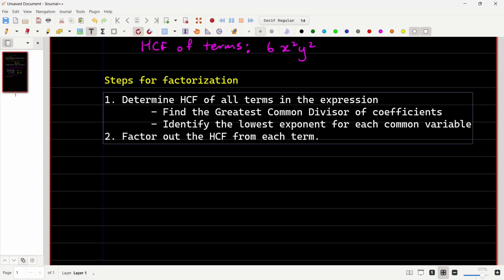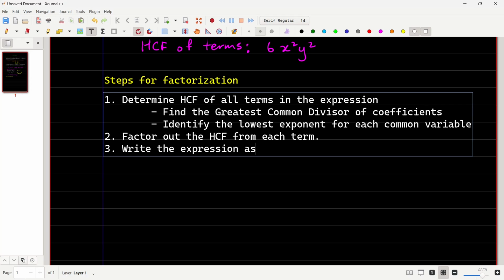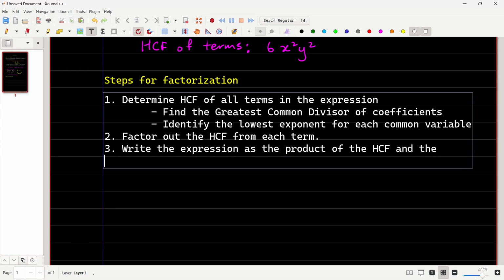And the last part is to write the expression as the product of the HCF and the simplified expression. All right? So those are the 3 steps, and it's a very simple set of things to do.